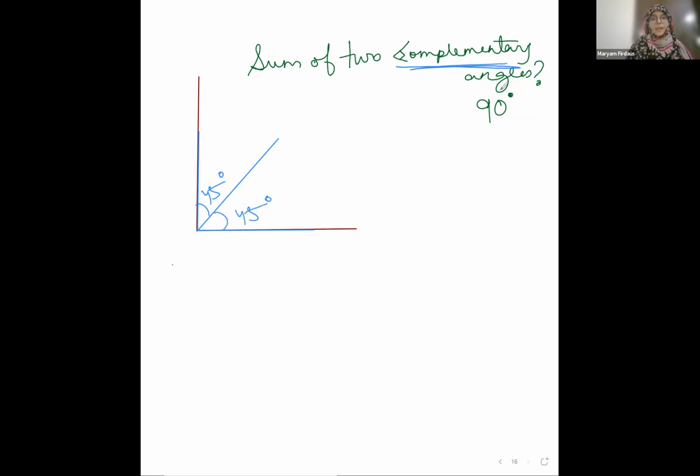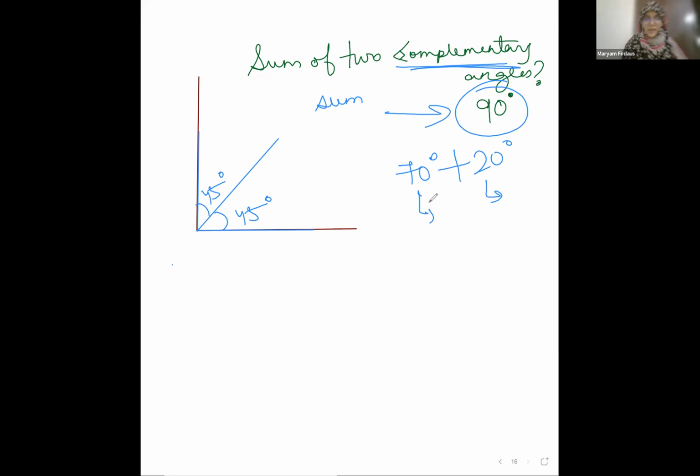Because their sum is 90 degrees. Similarly, you can have 70 degrees and 20 degrees. One is 70, one is 20. They are both complementary angles because their sum is 90. Is that clear? Yes. Okay.